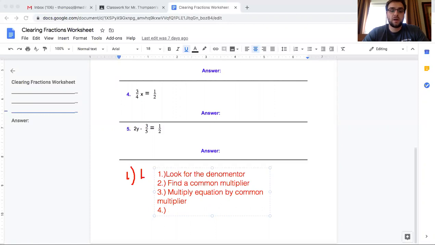Okay, we're going to multiply the equation by the common multiplier. And then after you do that, you are going to solve the equation.